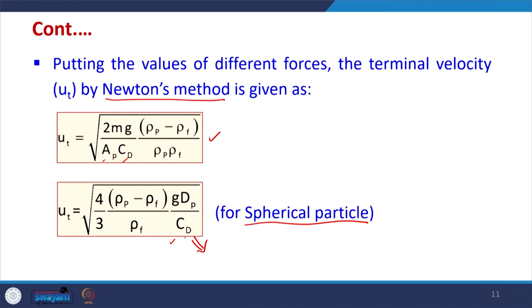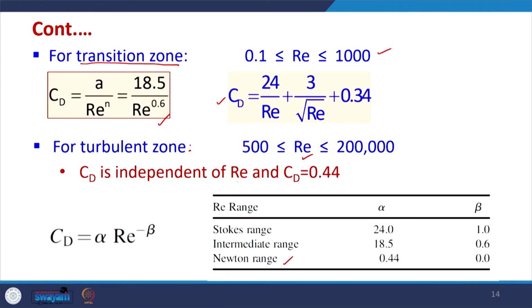So, we have Newton's method, the Stokes region, and the transition region. The dependence of CD, the drag coefficient, with respect to Reynolds number can be expressed by this particular equation given here. We can see that for the Stokes law region the alpha value is 24 and the beta value is 1.